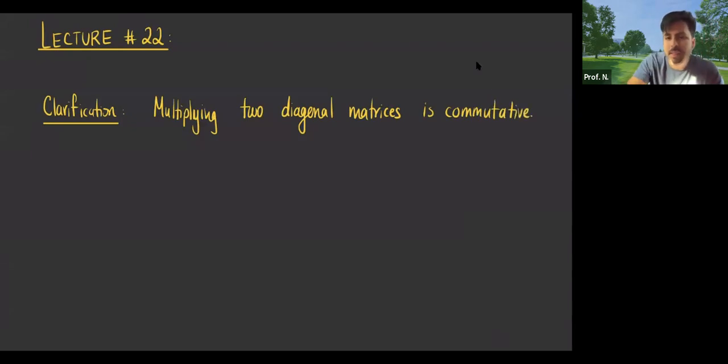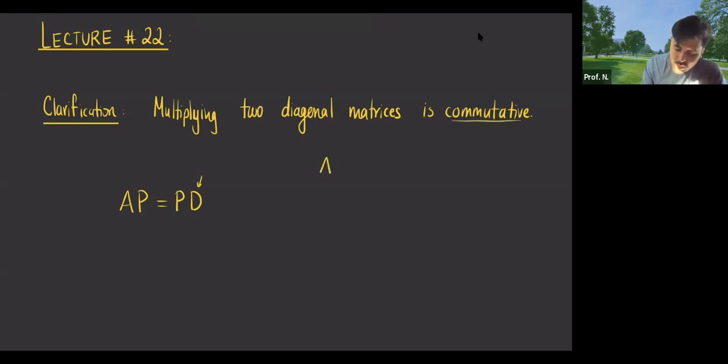I believe I said something about, remember we talked about AP equals PD? And I said, because this is a diagonal matrix, I can commute them. That only occurs if both matrices are diagonal. P is not necessarily diagonal, so you can't swap P and D.